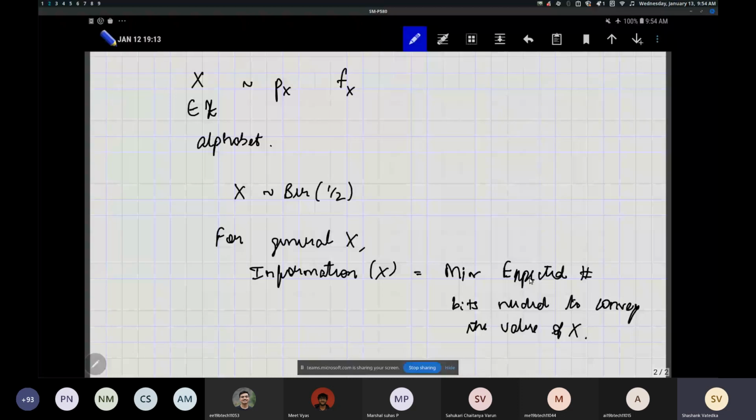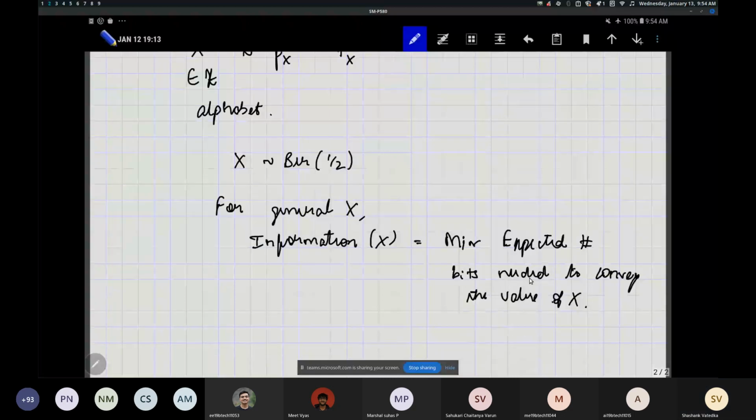So this is the minimum expected number of bits which we need to convey the value of X. Okay. So any questions?